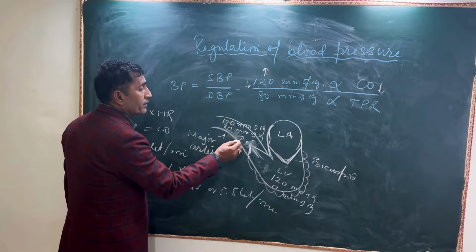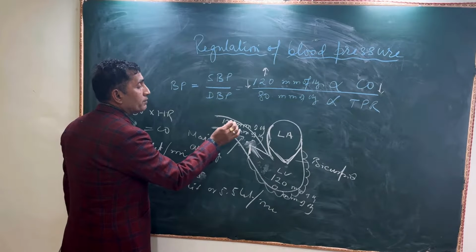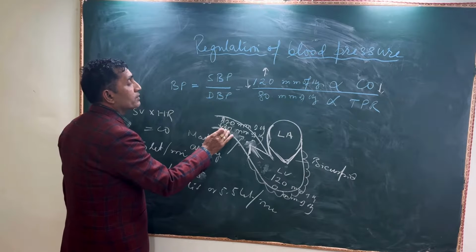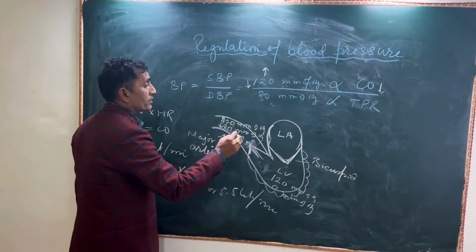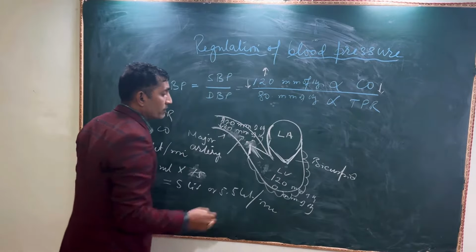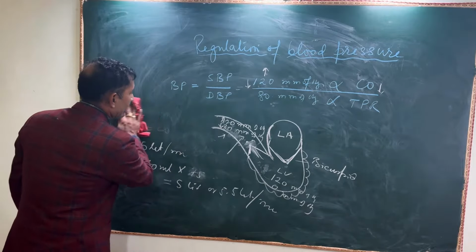So what will happen here? During relaxation, whatever blood is present here gives a pressure, and that pressure we call the diastolic blood pressure. This diastolic blood pressure has a relation with the total peripheral resistance. I will tell you with a small diagram.